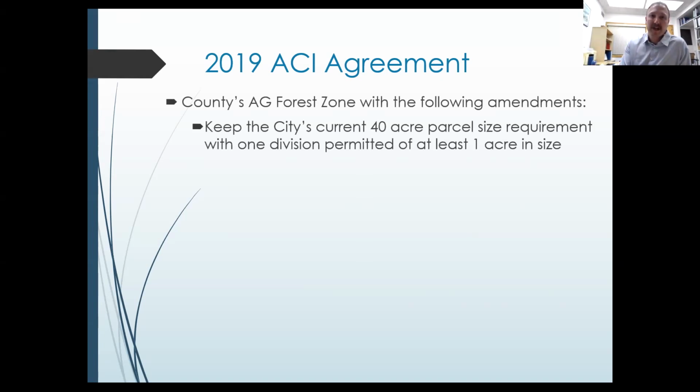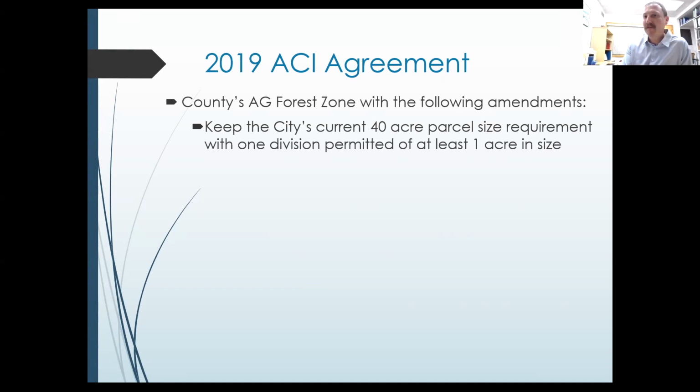And then looking at the county's ag forest zone. A number of years ago, the county ended up reducing their lot size for the ag forest zone from 40 acres to 10 acres. We didn't necessarily agree with that being next to the city and reducing that to the 10-acre minimum.